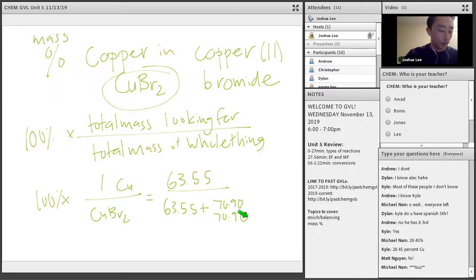So that's going to be 70.9 times 2 plus 63.55. 63.55 divided by that. So it's going to be 63.55 divided by 205.35 times 100%.